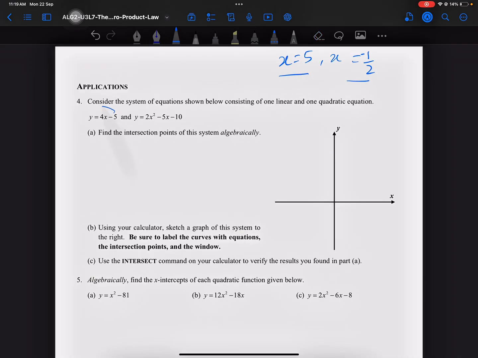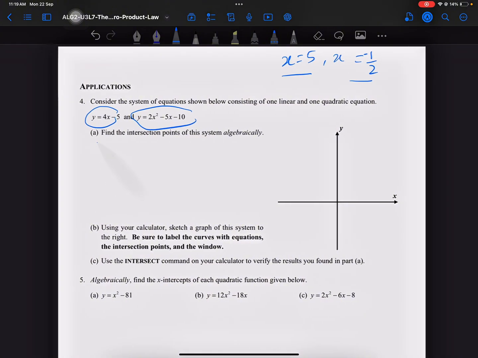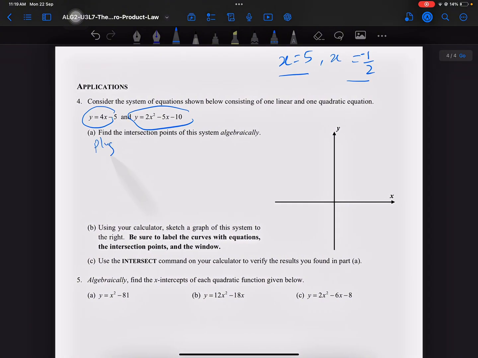Now I plug them into the original equation. So I have y equals 4x minus 5. x is 5, so 20 minus 5, which is 15.